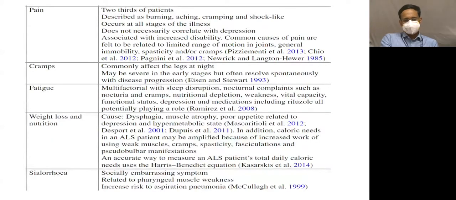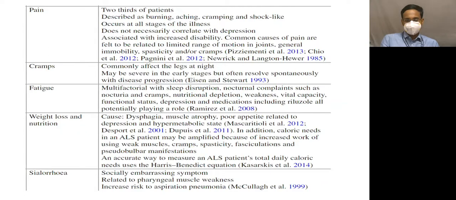Even though we say that sensory complaints are not a major manifestation of ALS, there are some symptoms which I think are important that we understand. Most of these patients, when we follow them up or ask them what they had before the onset of disease, commonly report cramps. In fact, nocturnal leg cramps are something which they have a lot. Pain is also an important problem that they have, and generalized fatigue.